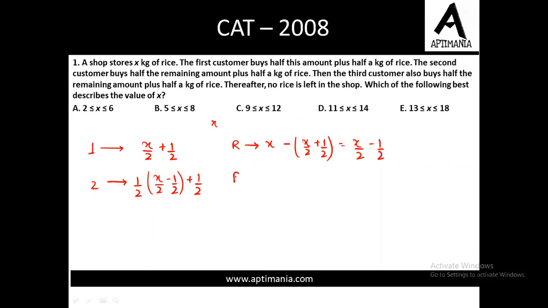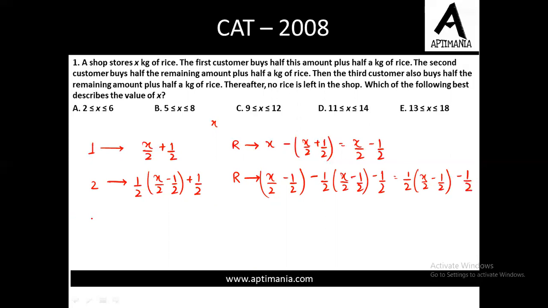So the remaining amount left will be X by 2 minus 1 by 2 minus half X by 2 minus 1 by 2 minus 1 by 2. So on solving, we'll have this as half of X by 2 minus 1 by 2 minus 1 by 2.